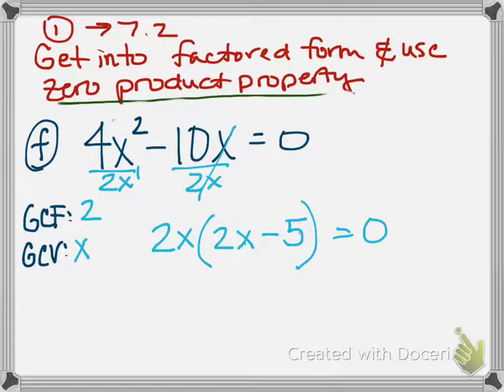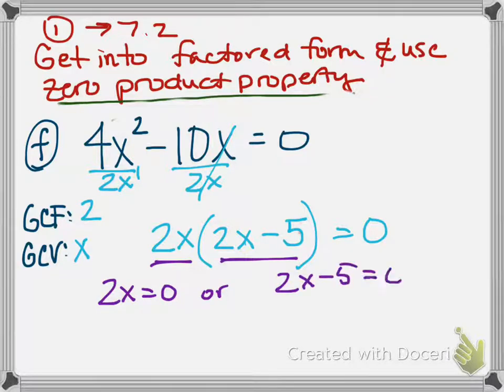Using the two terms that are being multiplied, I have 2x equals 0, or 2x minus 5 equals 0. So those of you that aren't writing out what each one equals 0 and then solving each time, and are just taking the opposites from the parentheses, you have to be careful when you get to a problem like this.